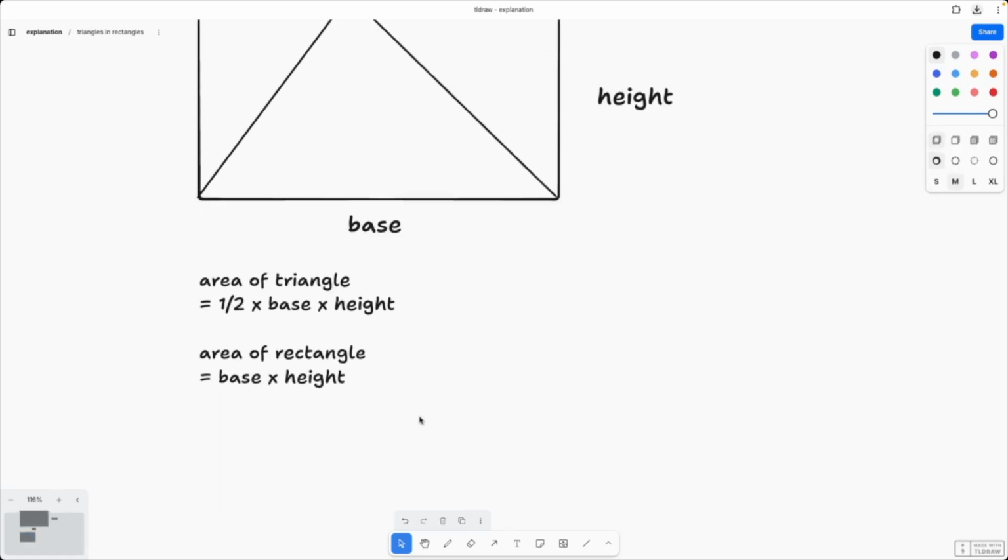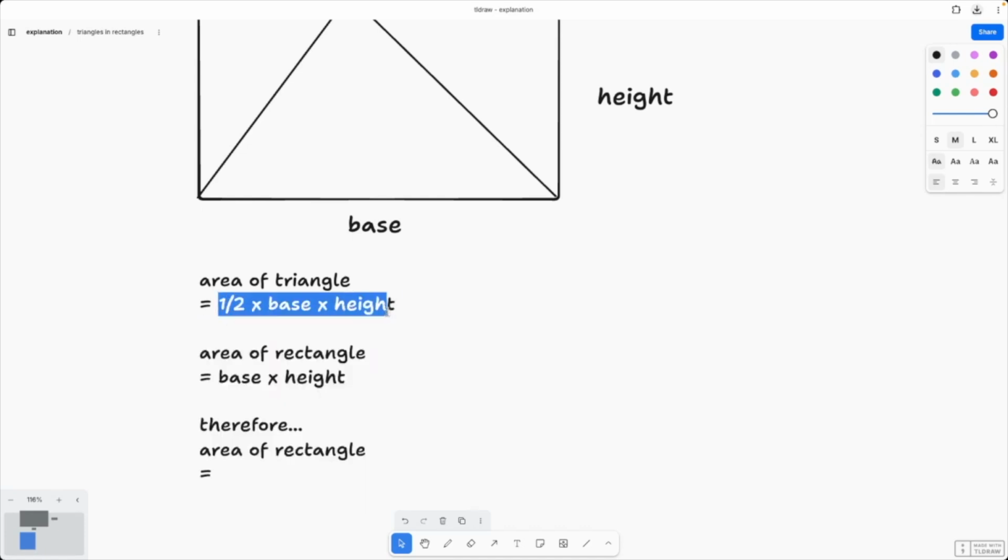So in conclusion, since we have base times height over here, the area of the rectangle is basically equal to base times height, and since the triangle is half base times height, that means the area of the triangle is just half times the area of the rectangle.